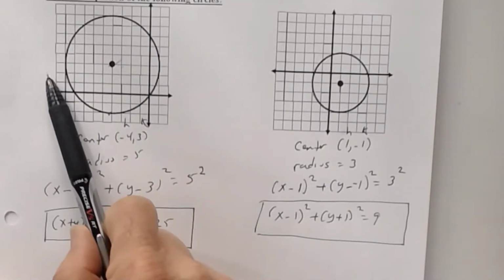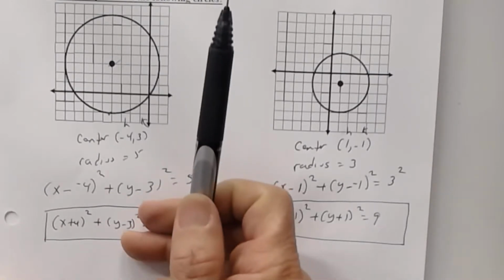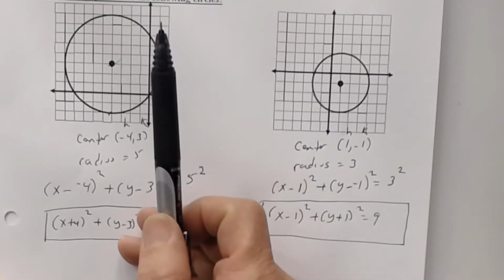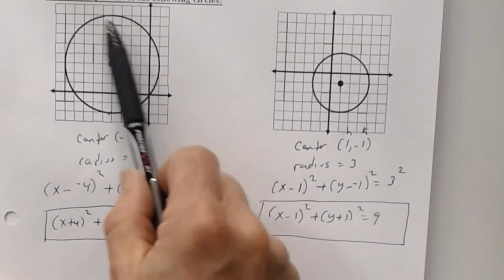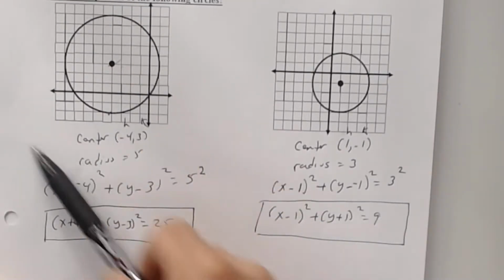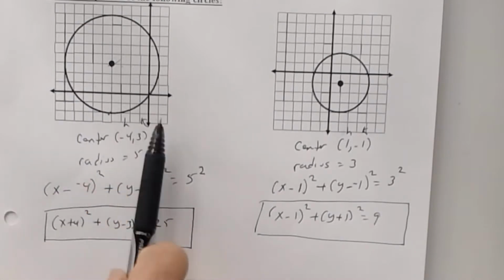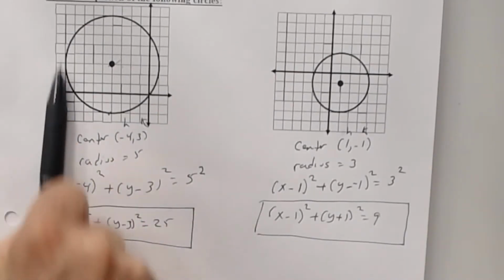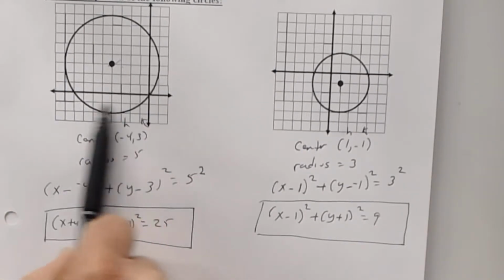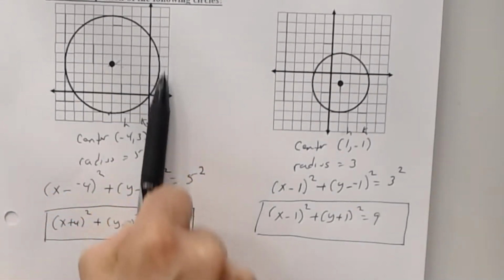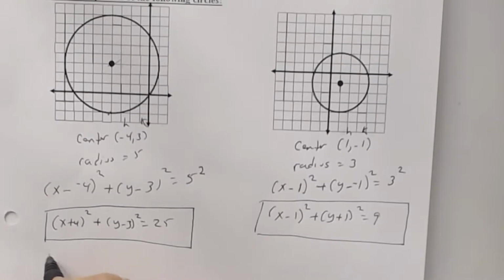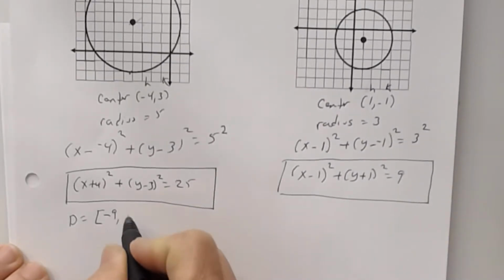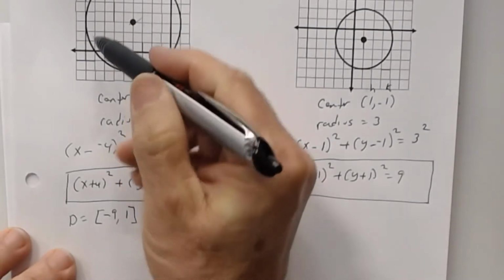So when you do domain and range, you can use those brackets, because brackets are used if it's a solution, and parentheses if it's not a solution, but all these are solutions. That's what you graph. You're graphing solutions. As you go from left to right, for the domain, what is this x value right here? -9, all the way to 1. So your domain would be bracket -9 comma 1.